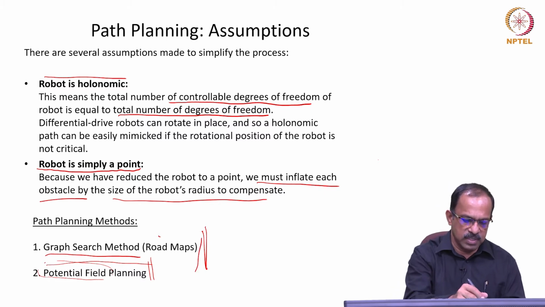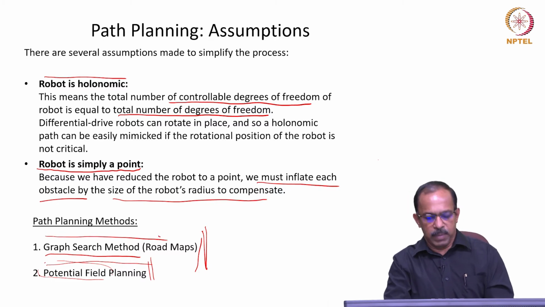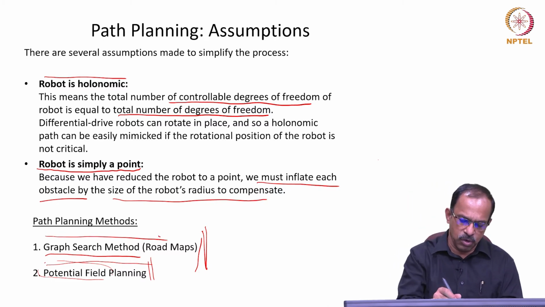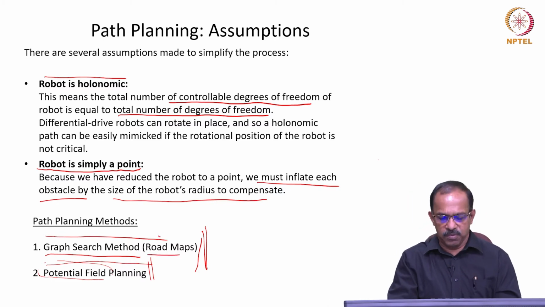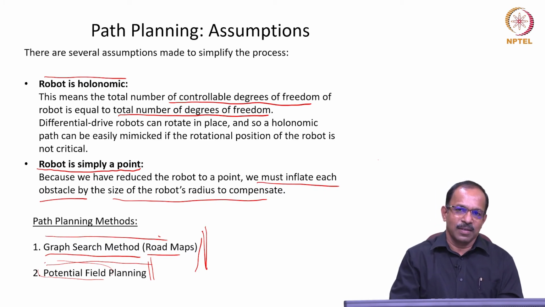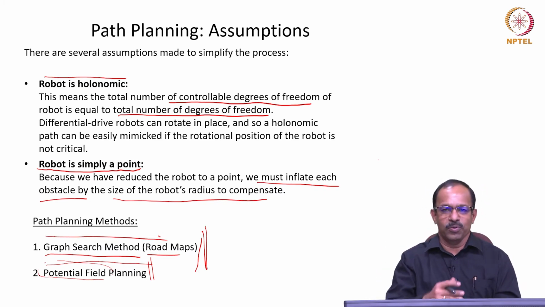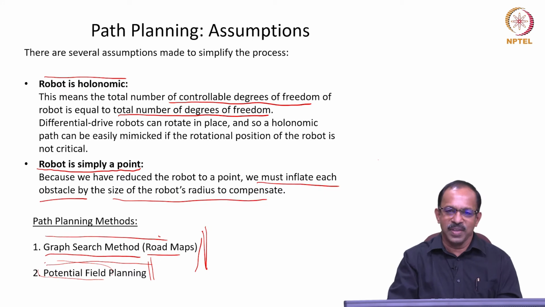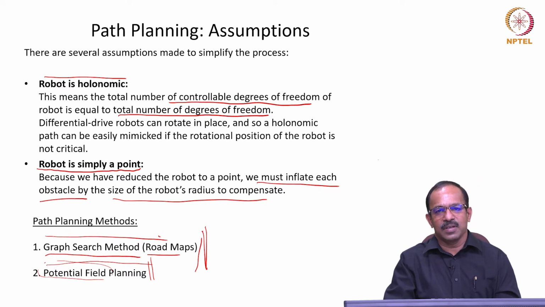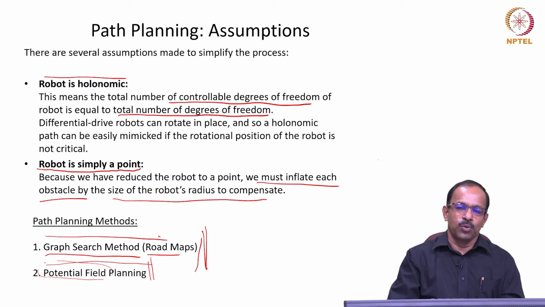The first one is known as the graph search method, or sometimes it is known as road maps also. This is primarily, as you know now, if you use Google Map or any other such algorithms, you can plan your route from one place to another in the map.